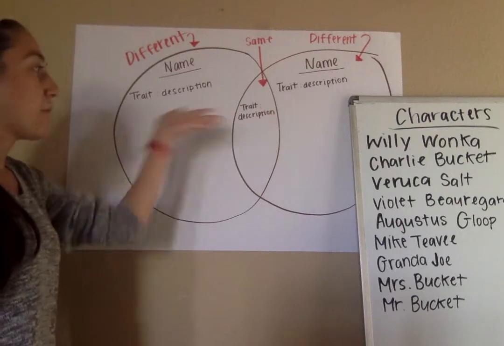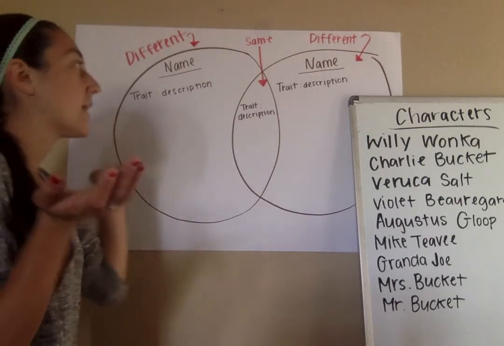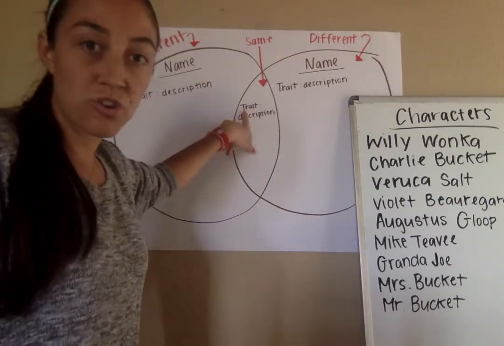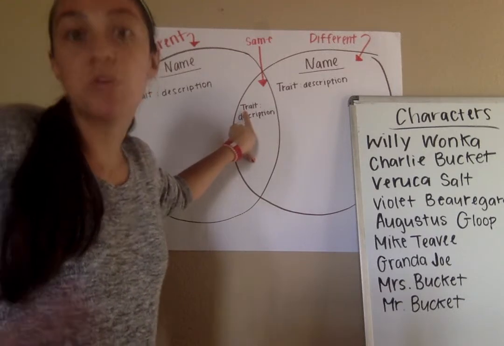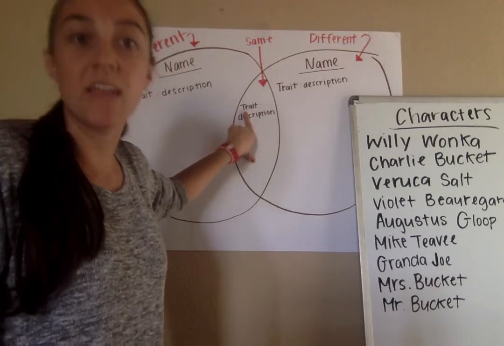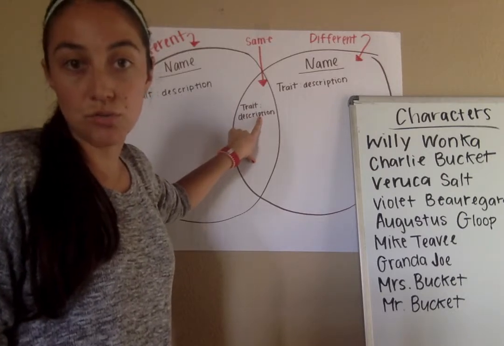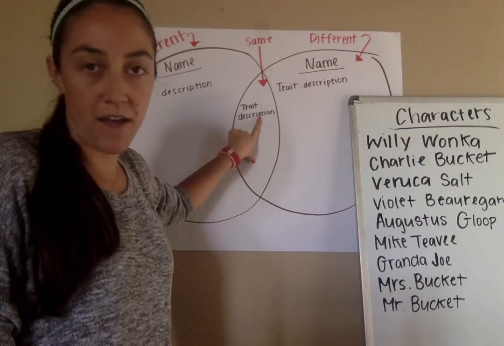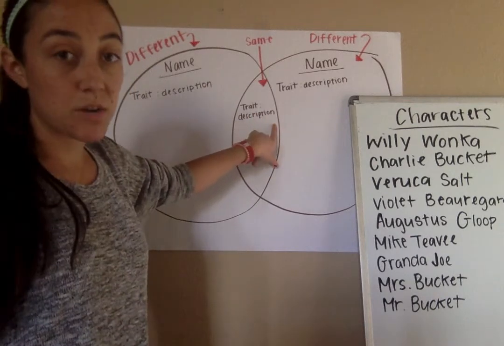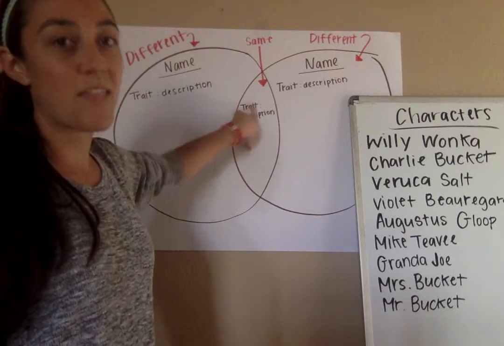So, for example, Charlie Bucket and Violet, both of them are children that won. You can describe them as winners. And then as your description, you can say they both won a ticket to Willy Wonka's chocolate factory. And then that would be a description to their trait that they're winners.